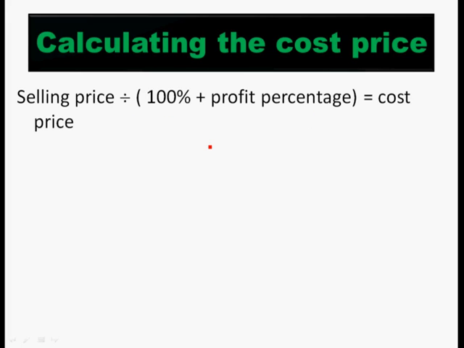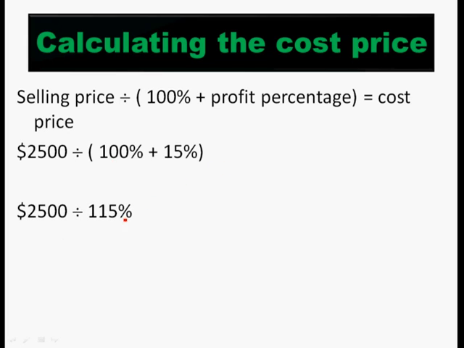Easy as that. So the selling price was 2,500. So when you add 15% to 100%, you're supposed to get back what? Supposed to get 115%. See there? You add these two, you get this. Now, you're going to divide the selling price, which is 2,500, by this.